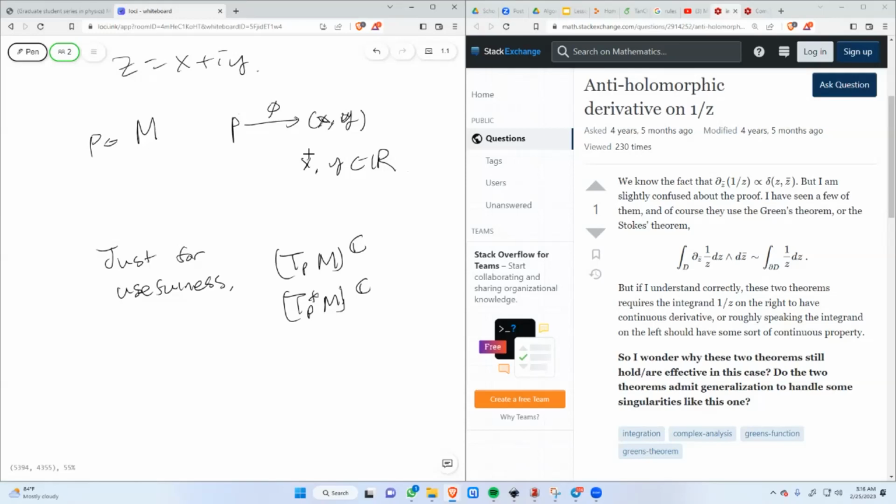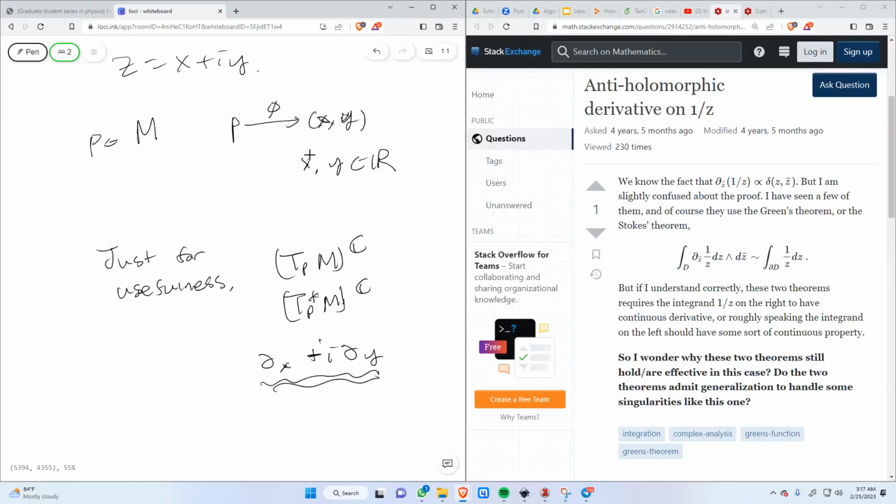So we can consider partial x plus i partial y, for instance. My pen is a bit weird, but you can consider these types of things with the i in there because we complexified the vector space. That makes sense. That's just how it is.